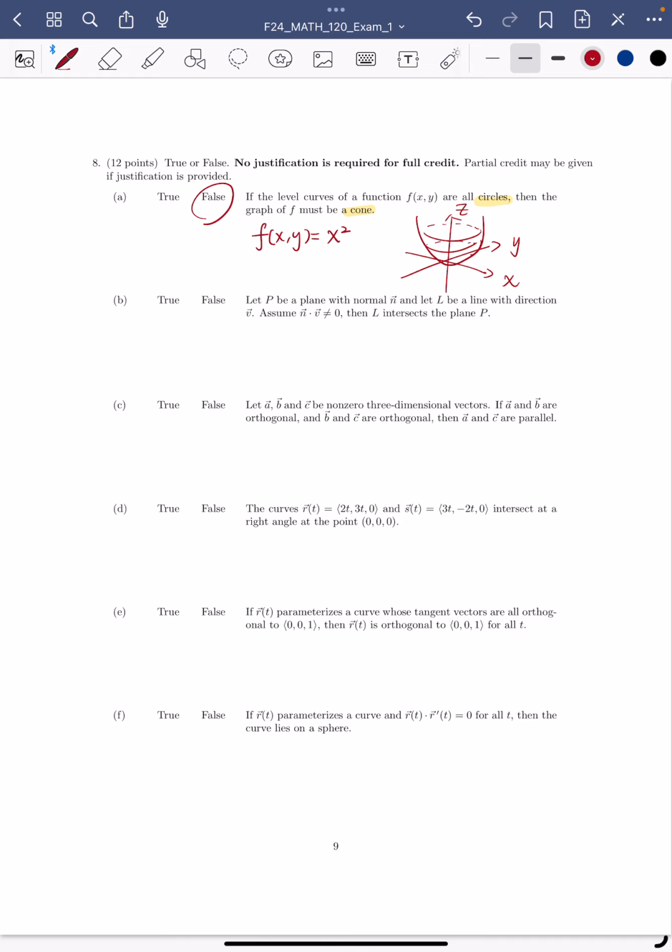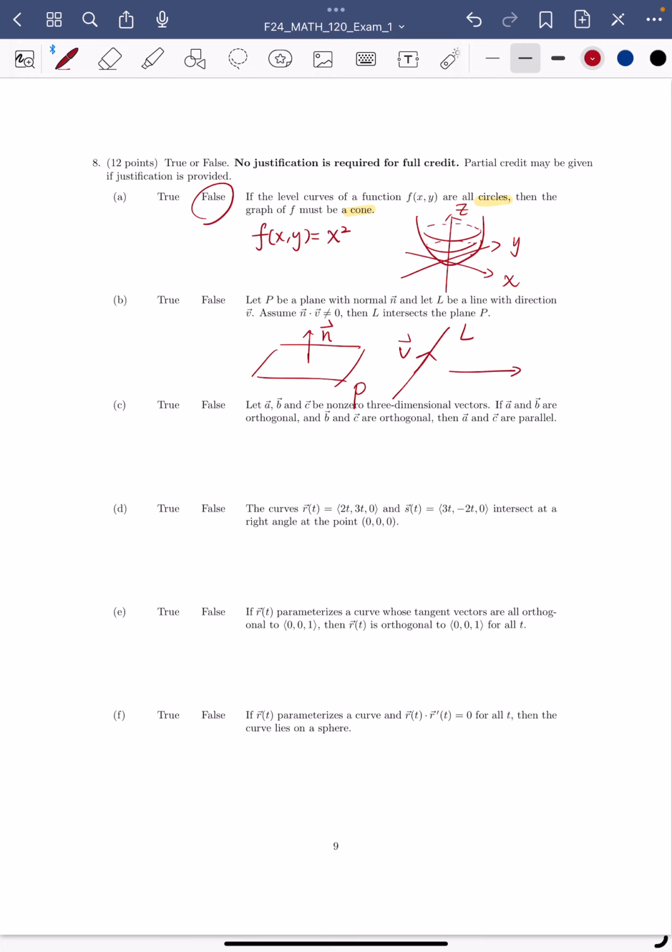Let P be a plane with normal N and L is aligned with direction V. Assume that the inner product of the normal and this V is non-zero, then L must intersect with the plane P. So you have the plane P with normal N. L is aligned with direction V. Let's say like this, L, because that direction is not perpendicular.